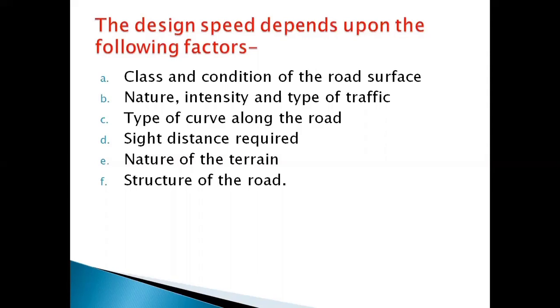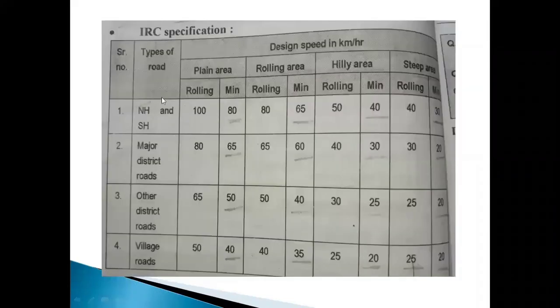Then next is nature of the terrain, that is, the nature of the area, which type of land is available for construction. It also affects the design speed. Then next is structure of the road. What is the structure of road? It also affects the design speed of the road.